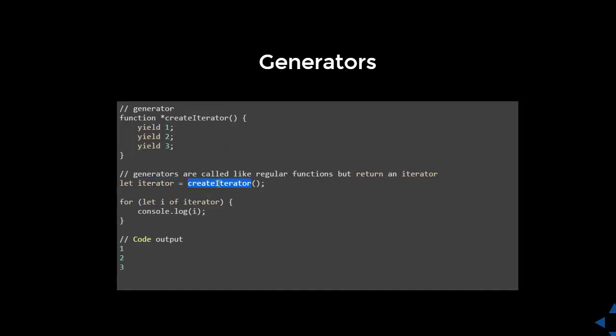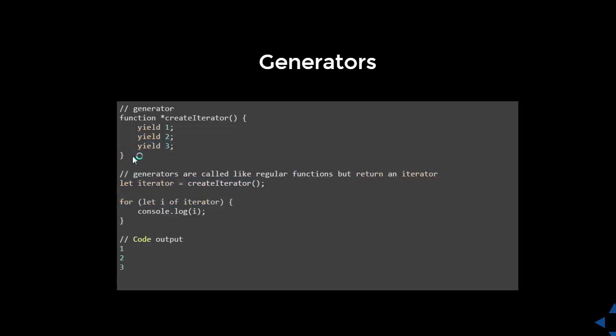The function name can be XYZ. An iterator is something iterable, and I can iterate it using a for loop or any kind of looping. Once I have received the iterator, I can do a loop on it, for let i of iterator, and I can get the values.